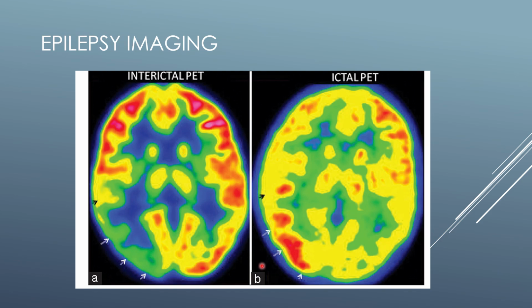But then during the seizure, that area becomes very hypermetabolic and is using up a lot more glucose than the rest of the brain. So that's something that's pretty common with seizure disorders. That'll be hypometabolic at rest, but during the actual seizure, it will be hypermetabolic. So it will show up as hot.